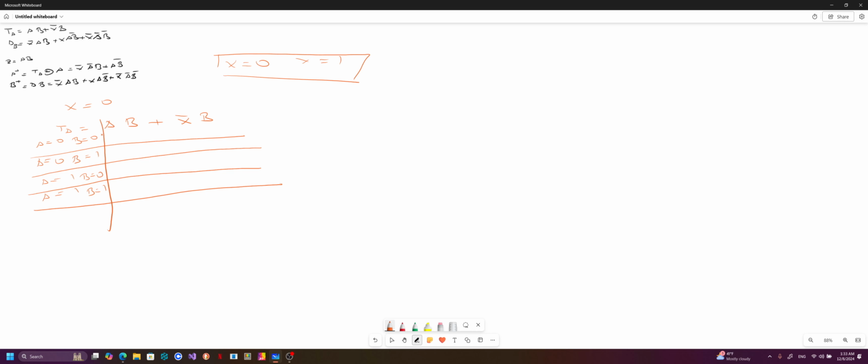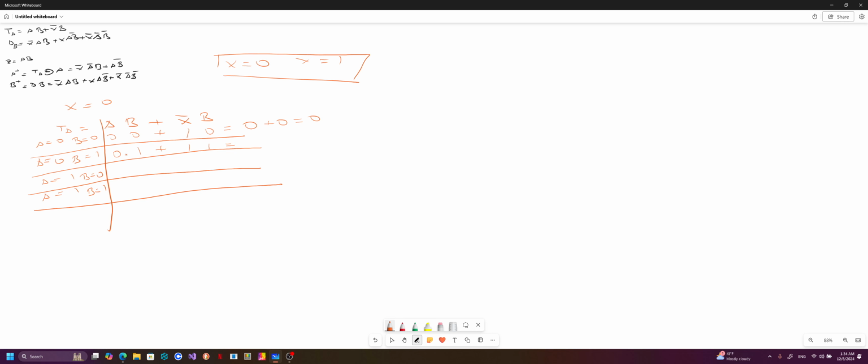A is 0 and B is 0, and X was 0, so not X is going to be 1, and B was 0, so it will be 0. A and B is 0, or 0, 1 and 0 is 0, which is going to be 0. So A is 0, B is 1: not X equals 1, and B equals 1.